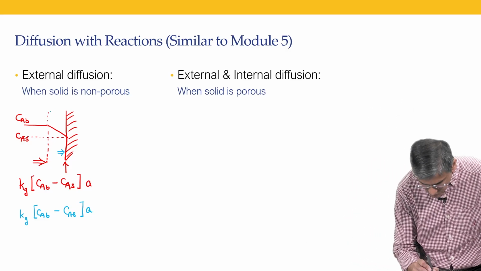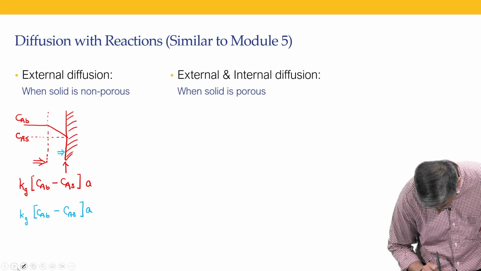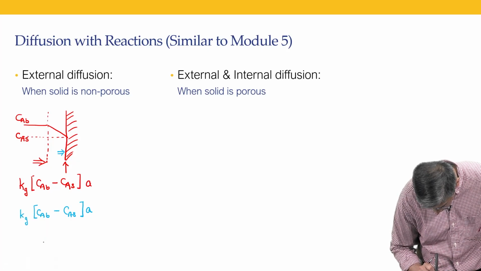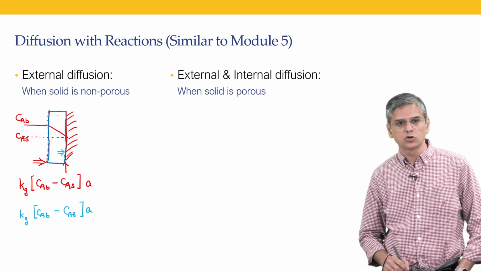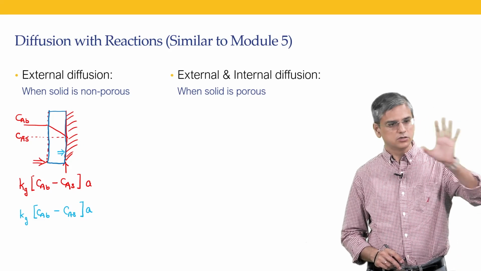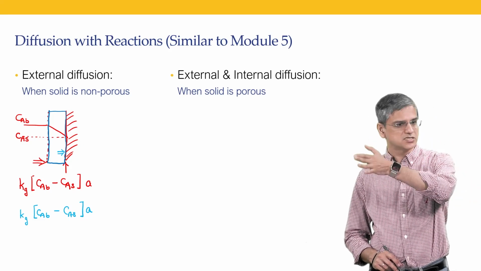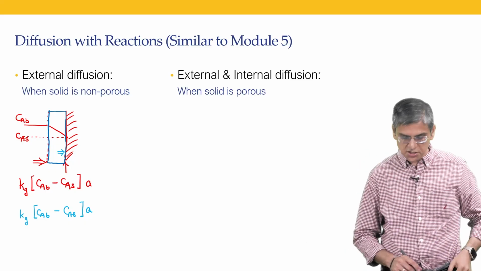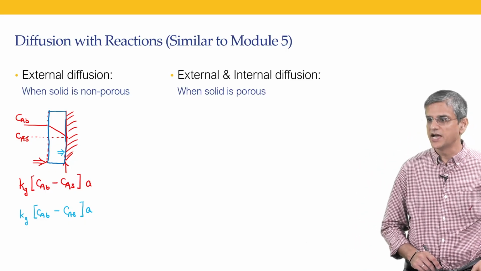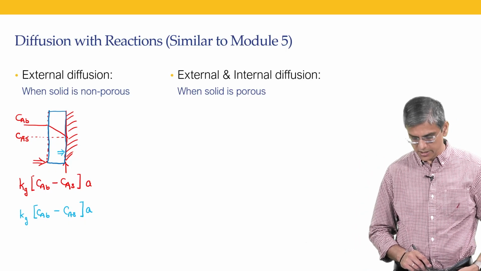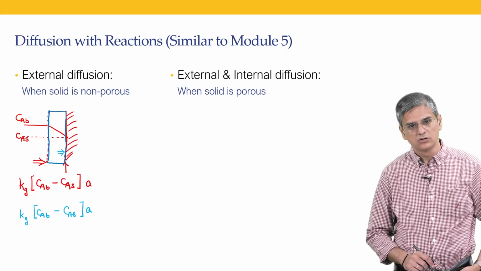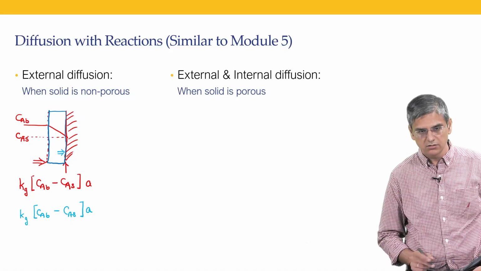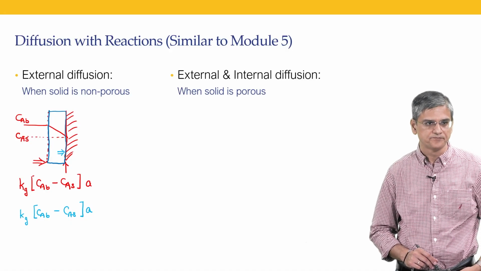If we were to take our control volume as this, 0 equals in minus out plus reaction. There is no reaction taking place in the gas phase. Okay, and therefore in minus out is going to be equal to 0. Okay, and that's the reason why you have the same expression.